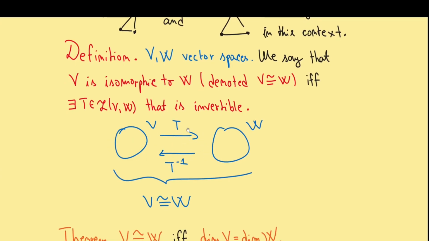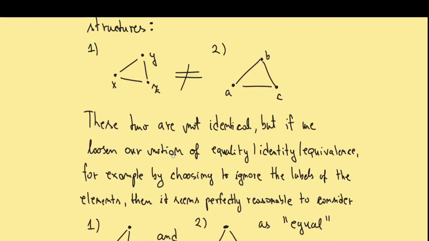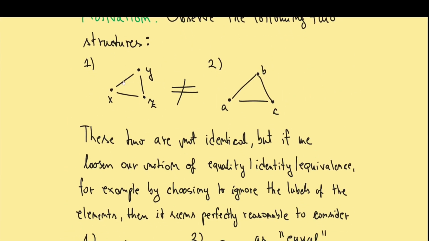In this example, here we have x, y, and z. Here we have a, b, c. If we had the mapping that takes x to a and a back to x, and y to b and b to y and so on, then we would have shown an example of an isomorphism, and we can move around between these two structures.